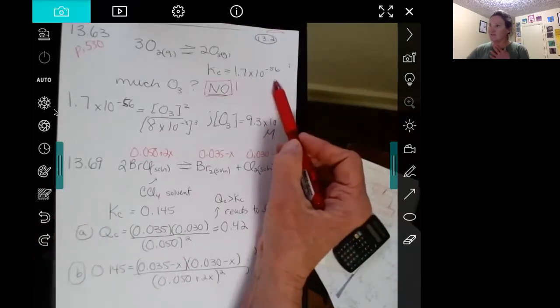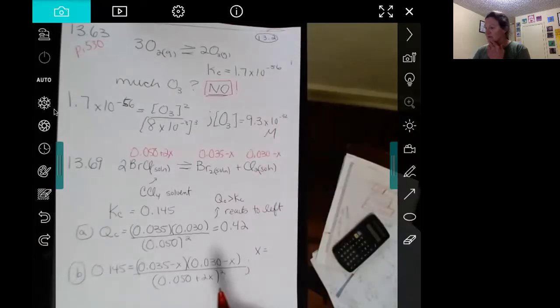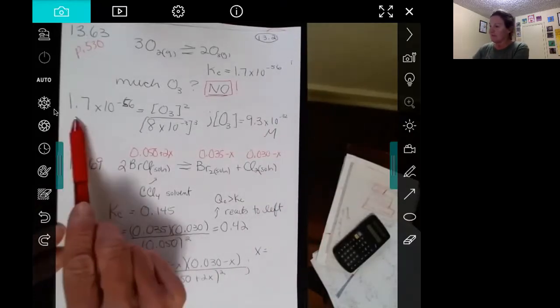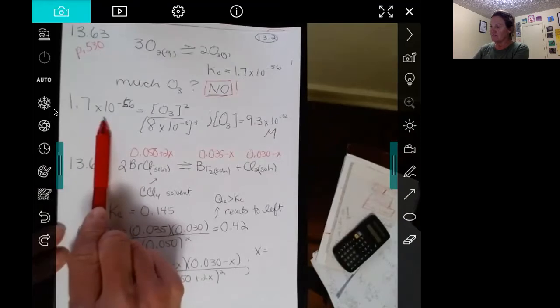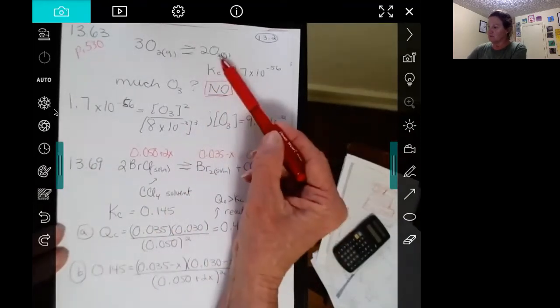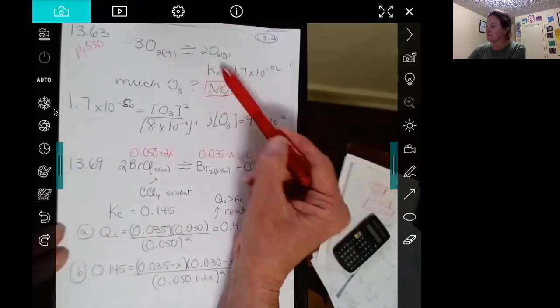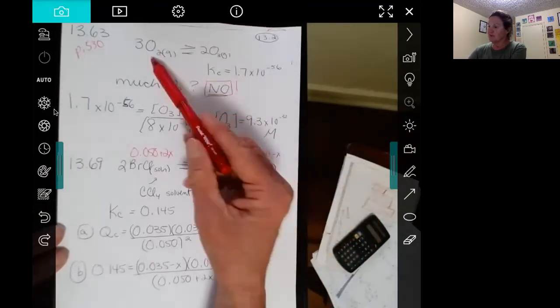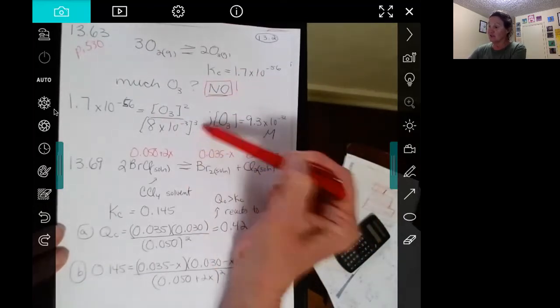10 to the minus 56 products over reactant ratio is really small. So the second thing it asks you is just calculate how much ozone we have. So if we have this Kc, and it's going to be equal to, yes, it's Kc, the concentration of ozone squared over the concentration of oxygen cubed.